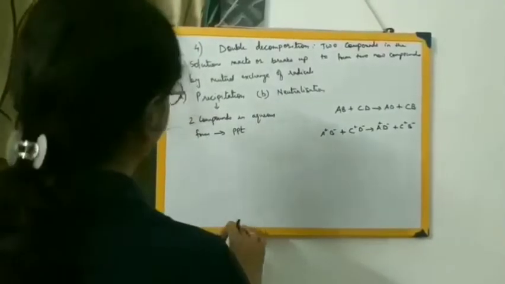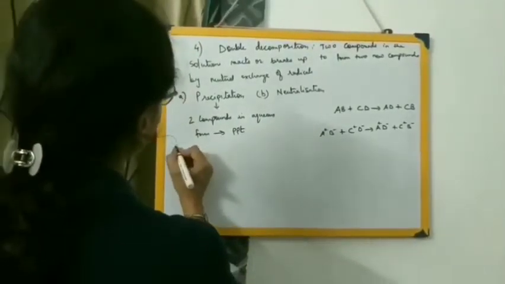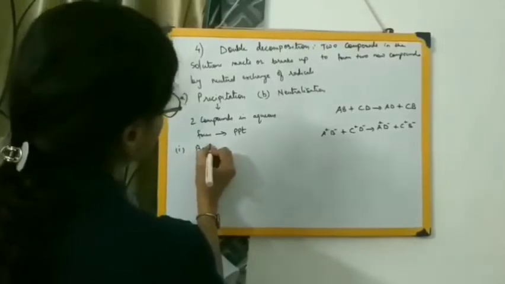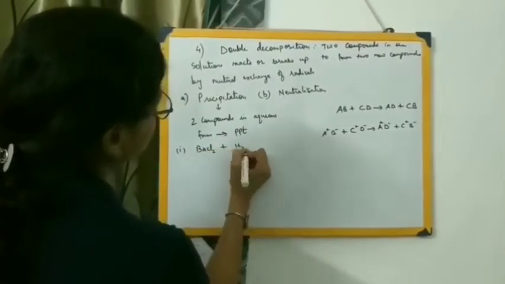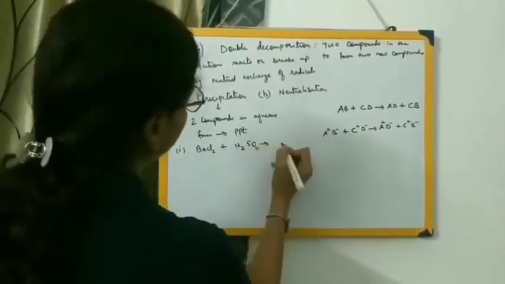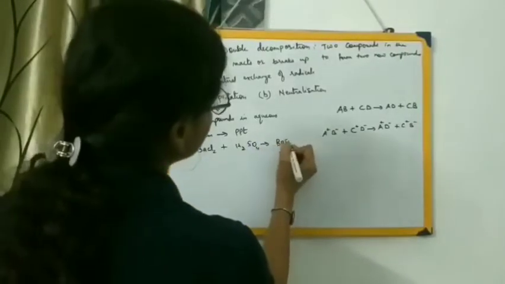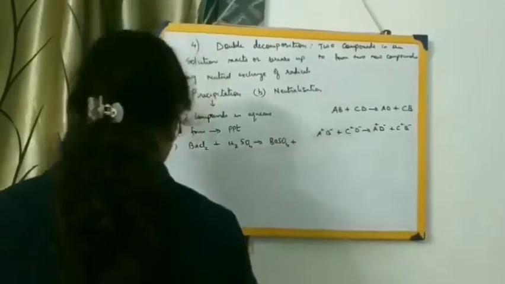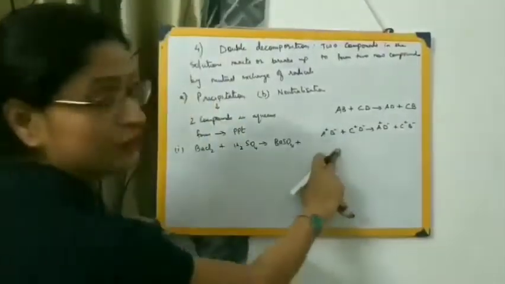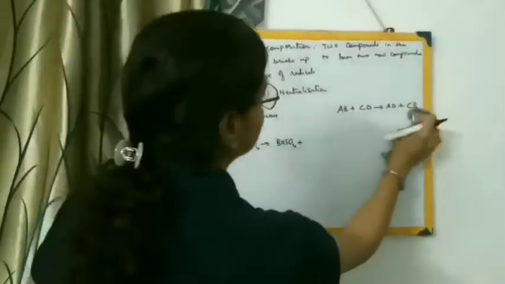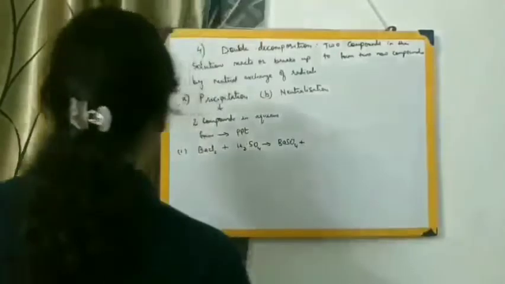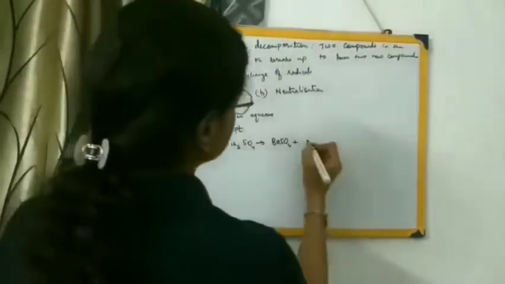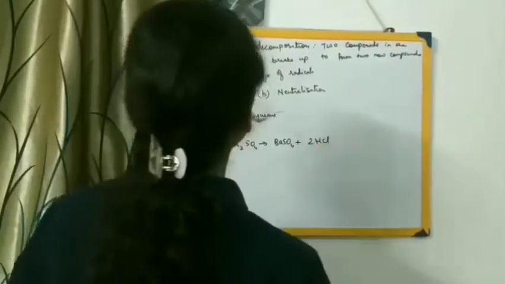Let us have an example of a precipitation reaction: barium chloride plus sulfuric acid. It will form barium sulfate plus 2HCl, that is hydrochloric acid.